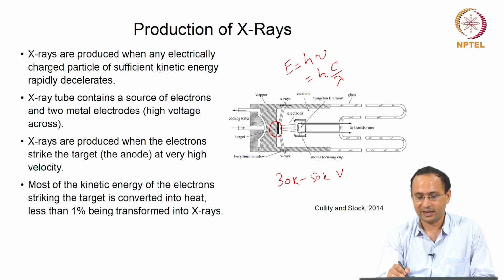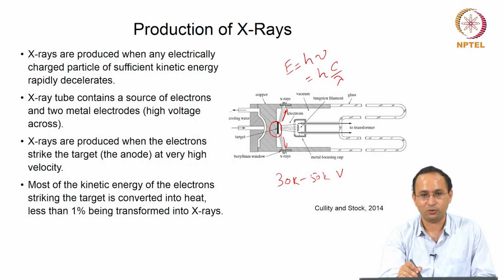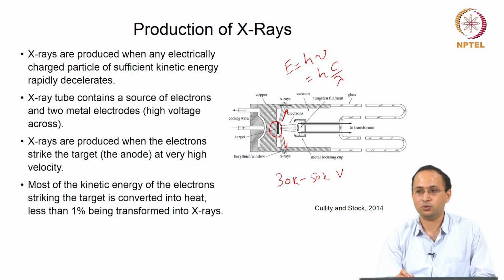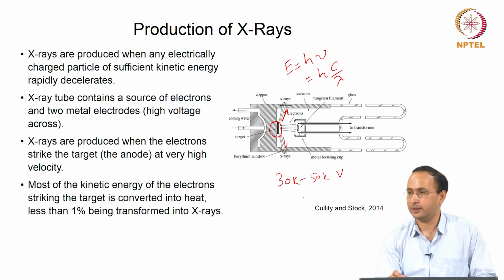The electrons hit the target metal and X-rays are emitted, and you can get them in these directions. Also, because the target will get really hot, you need a mechanism to cool it down, so you see cooling water that is used to cool the target. This is the typical schematic of an X-ray tube.